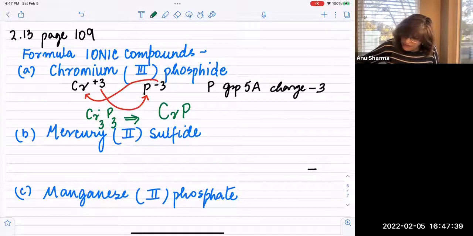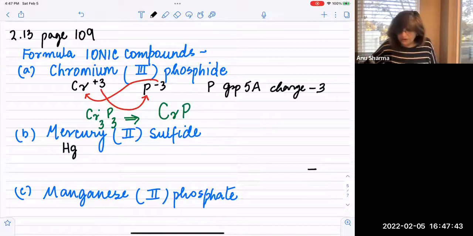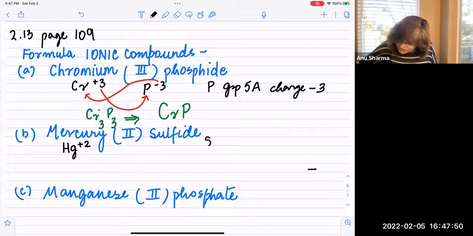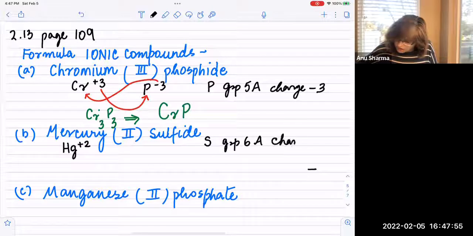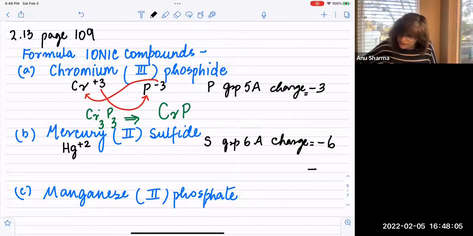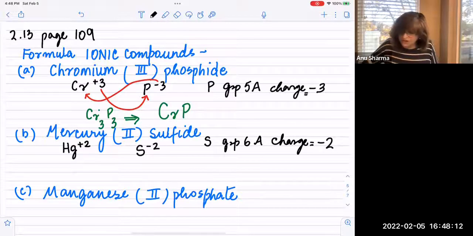Next is mercury(II) sulfide. Here we have mercury as Hg, and the 2 in brackets means +2, or 2 plus, same thing. Then sulfur. Sulfur is in group 6A, so the charge on sulfur is -2.